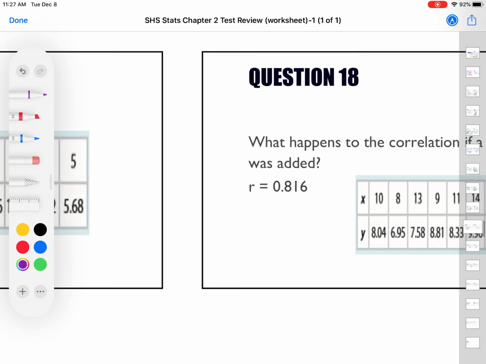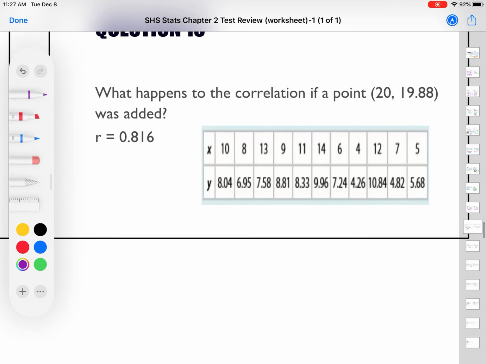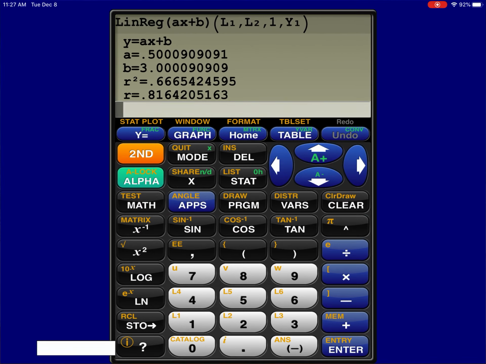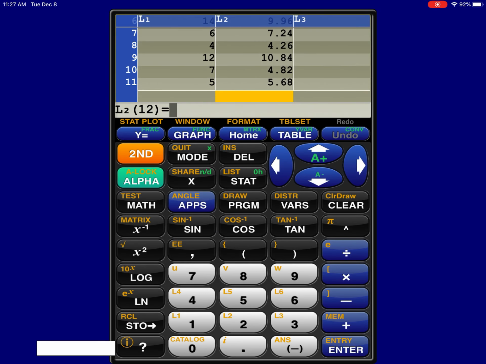Okay. Question number 18. What happens to the correlation if a point 20, 19.88 was added? And you can just go to your calculator and add it to your list. Stat, edit.